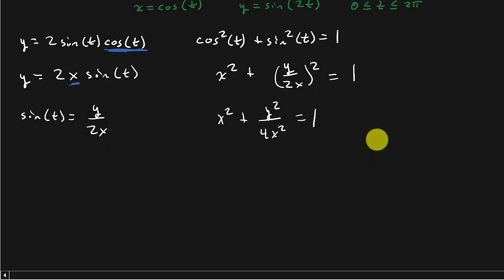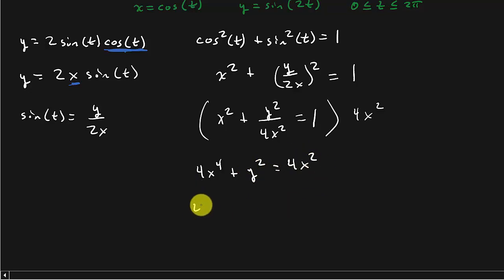All right, so now what in the world do I do now? Well, first thing, I'm going to go ahead and multiply everything by 4x squared. Get rid of that fraction. So that's going to be 4x to the 4th plus y squared equals 4x squared. And then I'm going to move the 4x squared to the left-hand side.